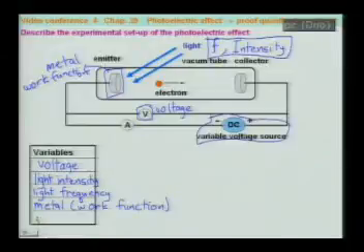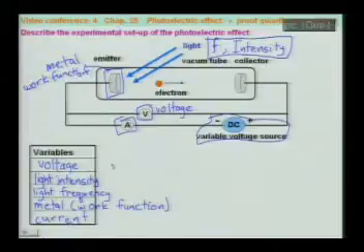Anyone? Current. Okay, so we can measure the current, by using the ammeter. So these are all the basic variables in a photoelectric effect experiment.